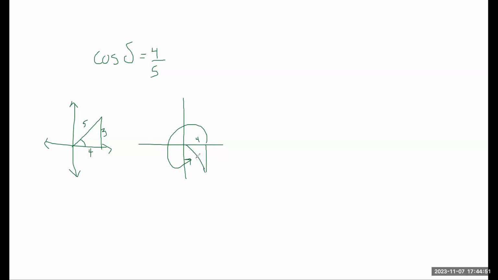I want my hypotenuse to be 5. But because I'm actually terminating in quadrant 4, this distance, if I were to label this point P, would be negative, would be -3.